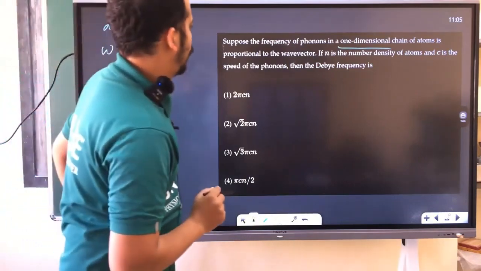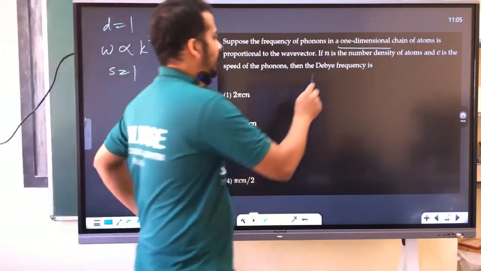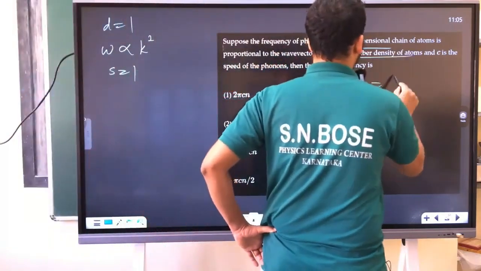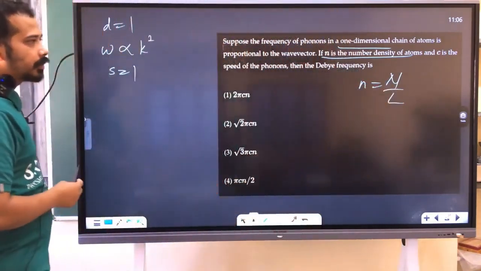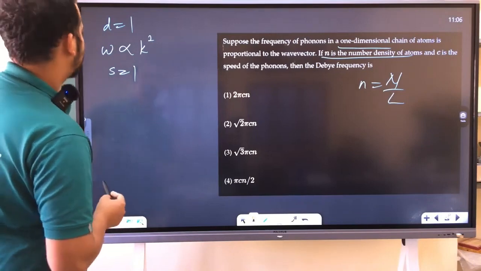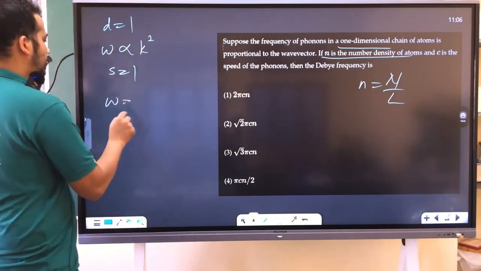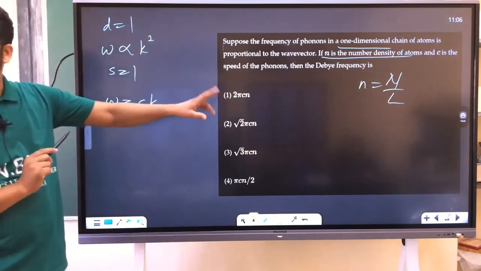Then the Debye frequency: he's asking directly. N is the number density of the atom, actually number per length in one dimension. And C is the speed of the phonon. Omega is equal to C into K. I need to do the actual problem.